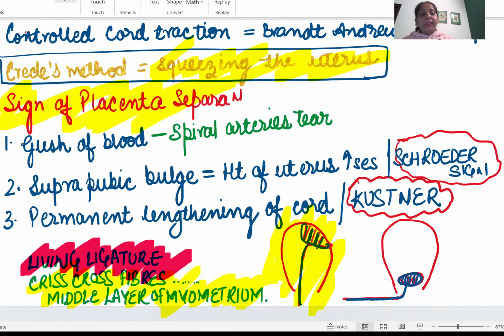The second sign: as the placenta has come down, there will be a suprapubic bulge, and this bulge will be very round in shape.